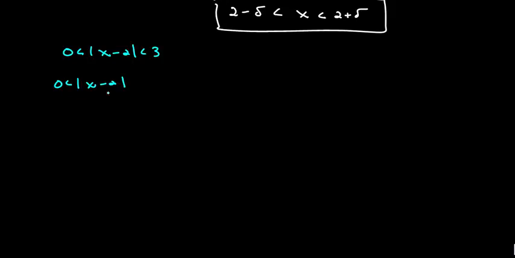If you want to do this out, you could say, okay, x minus 2 is greater than 0. That's the first guy. Or negative x minus 2 is greater than 0.